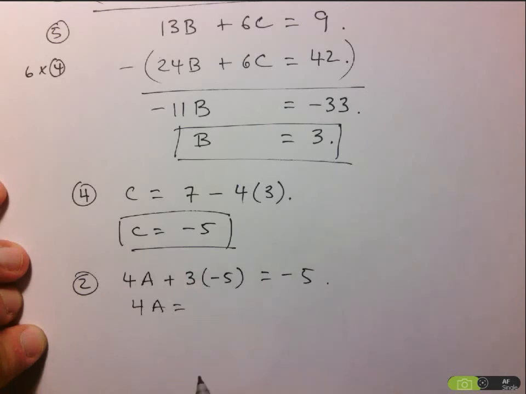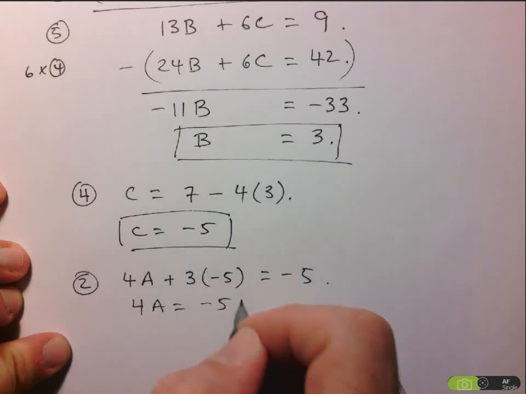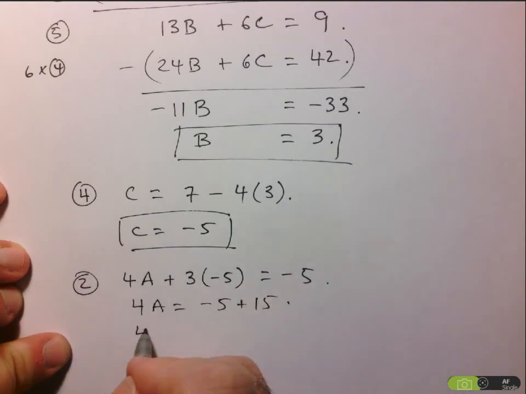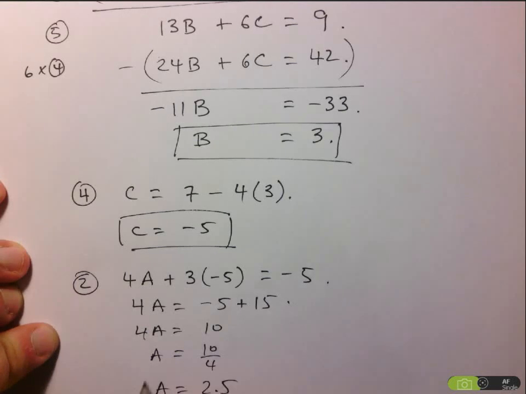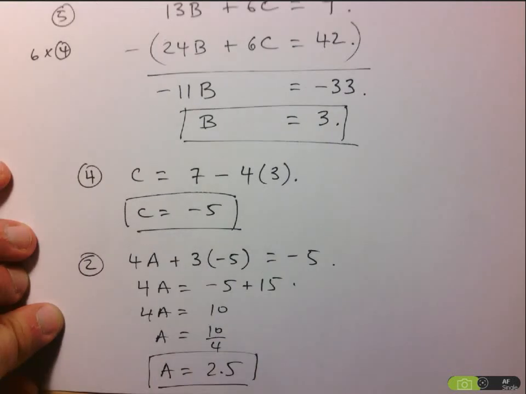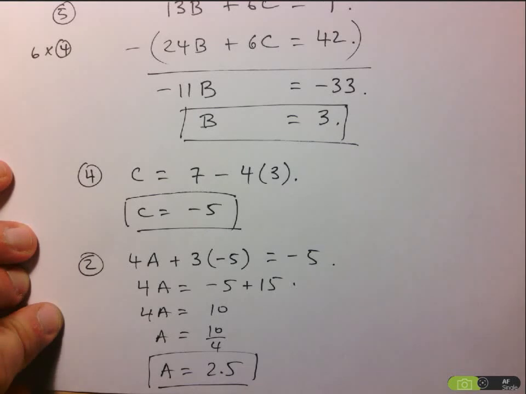Bring that to the other side. So negative 5 plus 15. Let me actually write it out. So 4a is equal to, that looks like 10. And so a is equal to 10 over 4, or a equals 2.5. Okay, and there we go. We have solved the mystery of these numbers.